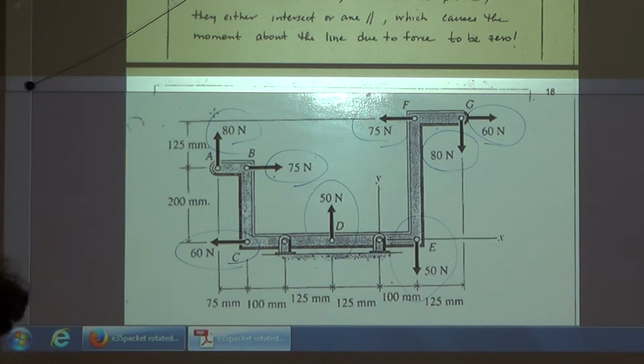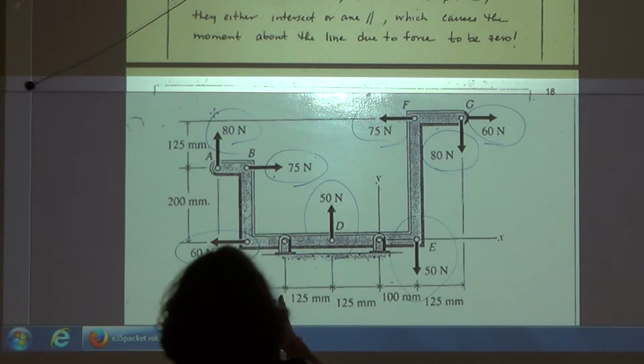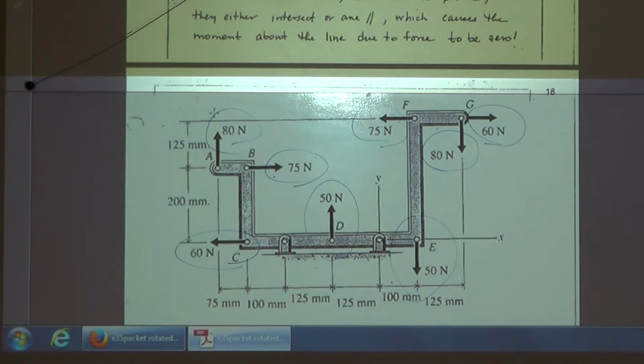Mark, pick another one. 75 Newton? 75. So where's the 75? The 75 on top is going to the right, and on the bottom it's going to the left.